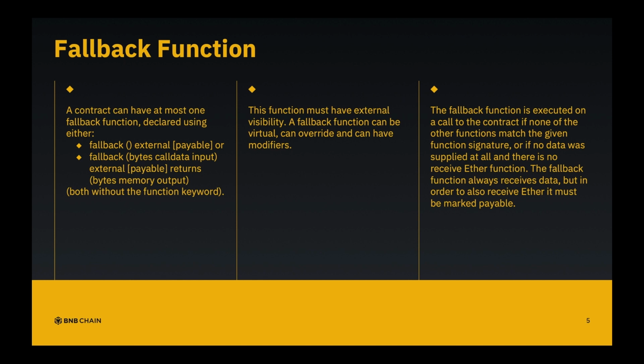It always receives data, but in order for it to receive ether, it must be marked payable. If it is not marked payable, and some message calls send ether to this contract, and none of the functions is appropriate to respond to this, then it will throw an exception.